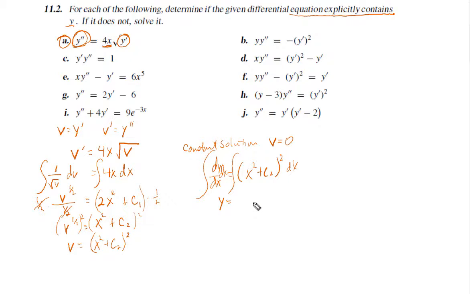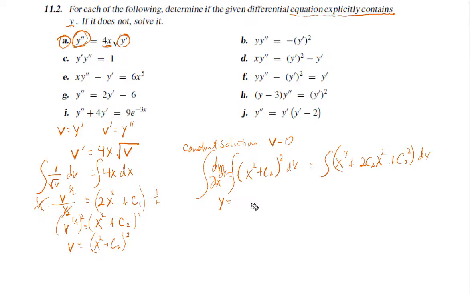Now, to integrate this, we'd probably just want to multiply it out. That x squared plus some constant squared would come out to be an x to the 4 plus 2 times the constant times x squared plus the constant squared.